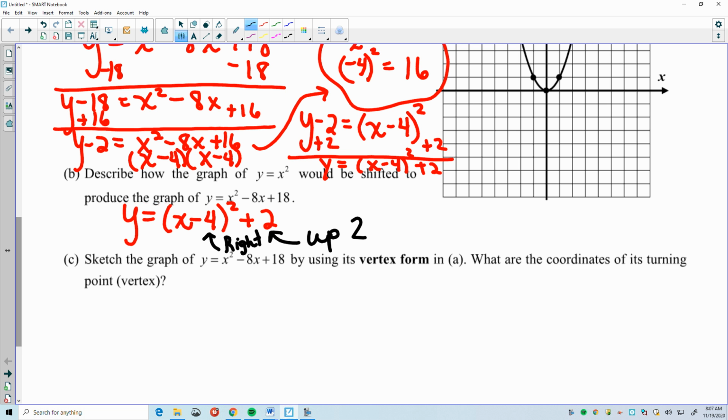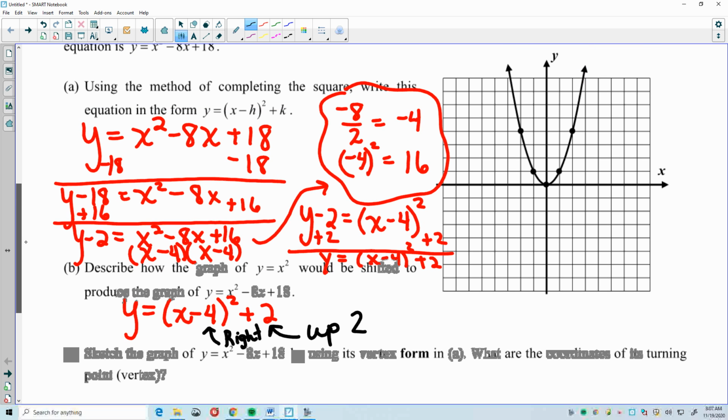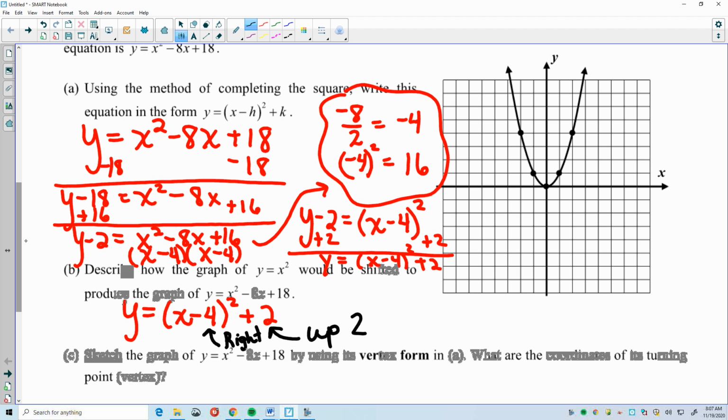So if I take that back up to this graph, we're going to sketch the graph of this parabola by just using the vertex form. So this form right here is its vertex form. And we're going to use those transformations that we found. So all of my points have to go to the right 4 units, 1, 2, 3, 4, and up 2. So there's that coordinate.